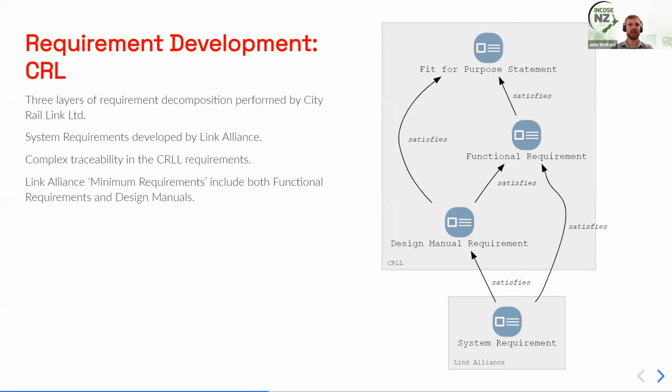It's not quite as simple as that either, because there's some quite complex traceability in the CRL requirement set. So whilst that hierarchy does exist, there is also traceability from the design manual requirements direct to the fit for purpose statements. And there is a need for us as the Link Alliance to verify we've also met the functional requirements as well as the design manual requirements. So we get this slightly more complex traceability between the different objects in our schema.